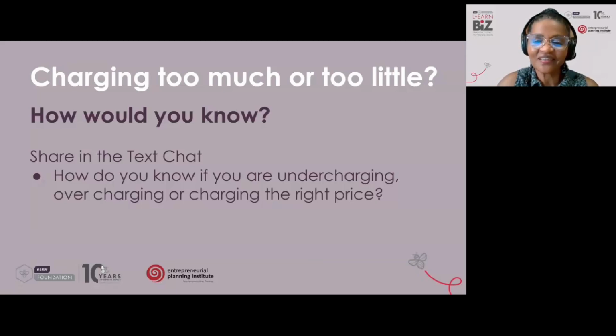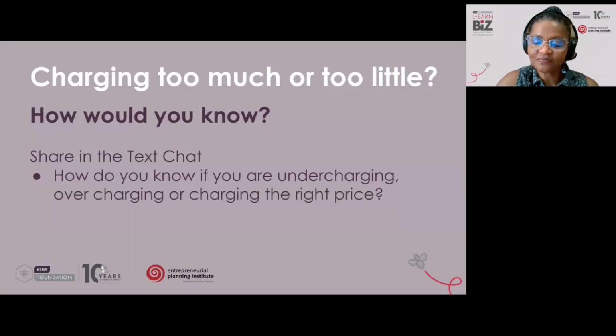How do we know if we're undercharging? I think when it comes to me, how do I know that I'm undercharging? It's when maybe I've spent a lot of time on a certain service, because mostly I am a graphic designer, on a certain project, but then I don't make any profit from it. You see, I'm undercharging because I didn't consider the time that I put in the project.